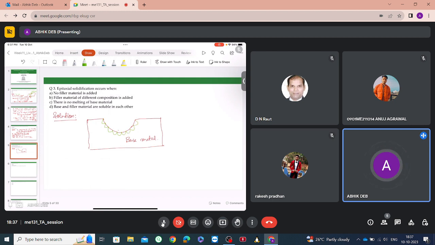Some of those have already melted out, and the remaining. So this is the melt zone. Now, if no filler material is added, then the base metal only will be filling this melt zone also. If the filler material is same as the base material, then also material of the same composition as the base metal will be filling this melt zone.